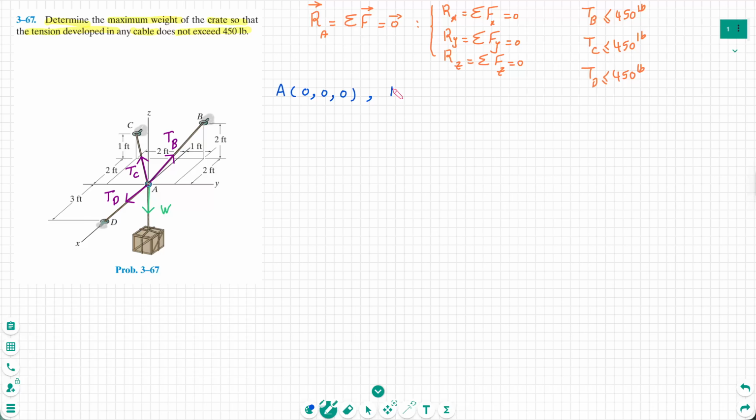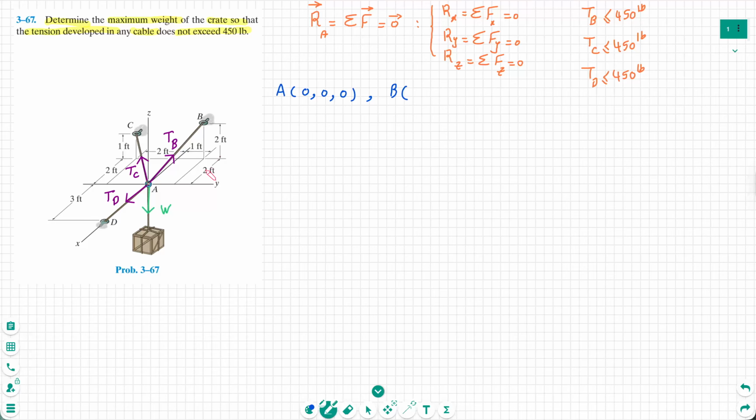The other point is point B. The x coordinate of B is negative 2.